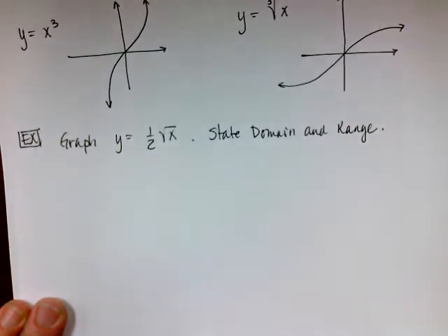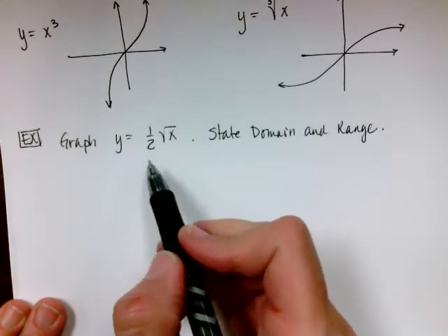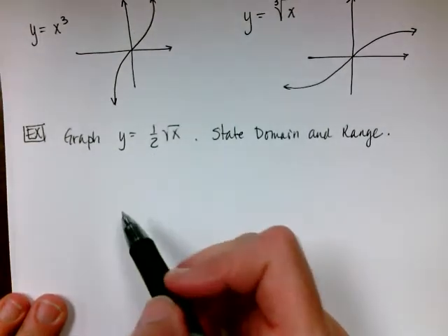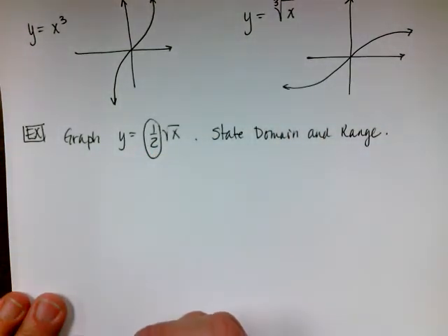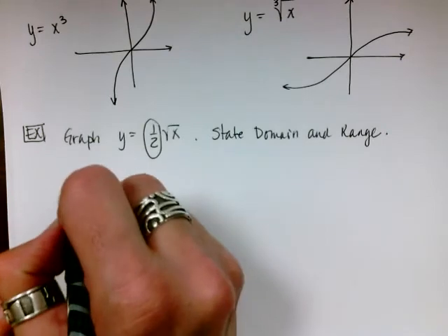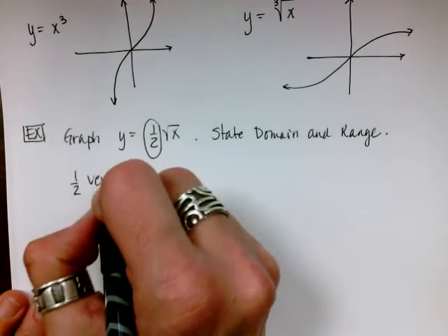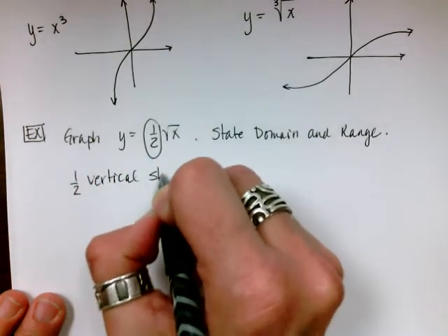Okay, and then I'm going to talk about what's actually happening. We're not going to describe it yet, but I'm just going to walk you through it. Remember, if the value is in front of the function, that means that it is a vertical change. So the 1/2 is actually a vertical shrink.